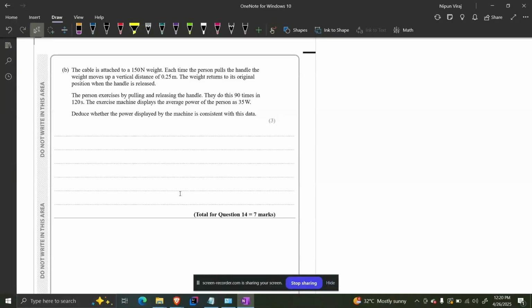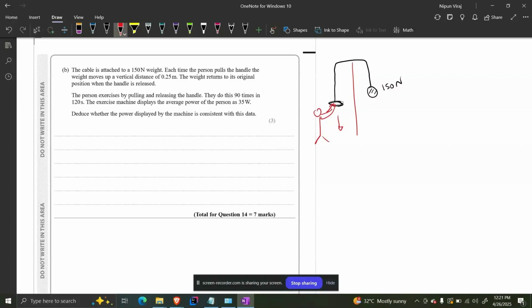Okay, so what happens is, now there's a cable attached to a weight, like, this is in a gym sort of situation. So you have this handle sort of thing. Then there's a weight of 150 newtons. So what happens is this person can use the hand, I'm not good at drawing, don't worry, and pull it downwards.